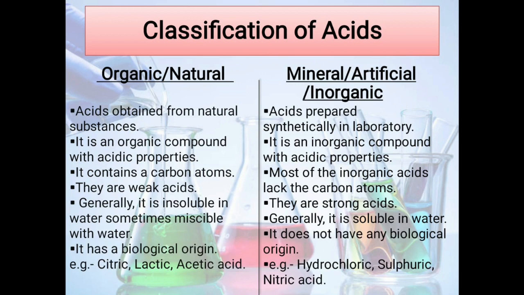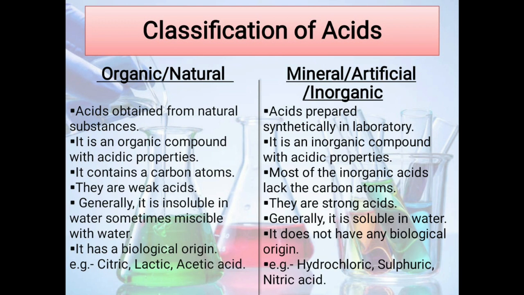Now, let's find out the types of acids around us. Based on their sources, acids are classified into two types: organic or natural, and mineral or artificial or inorganic.